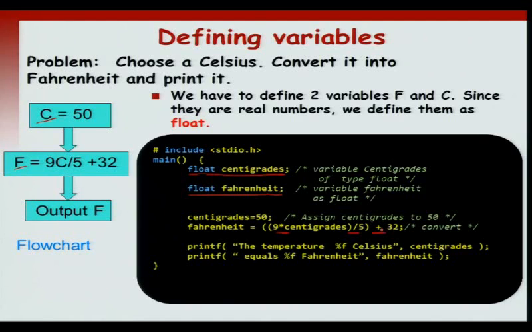This is exactly as in the flowchart, except that in the flowchart the multiplication symbol has been swallowed, but in C you have to specify it using a star operator. So, Fahrenheit equal to 9 times centigrade divided by 5 plus 32 is exactly similar to the analogous line in the flowchart.